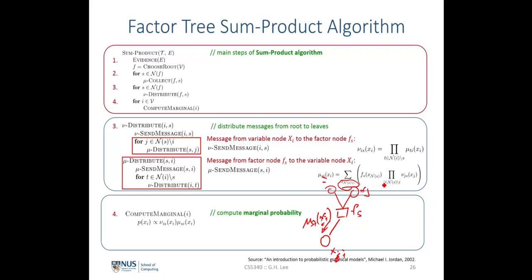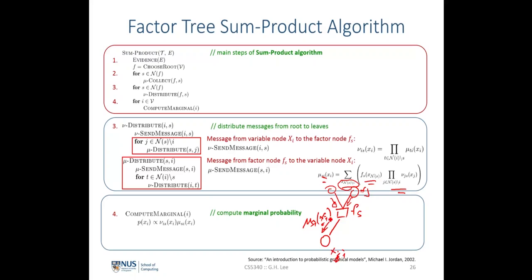In this case over here, it would be the product of all the messages that are coming from the random variable xj into fs from a hierarchy level that is above fs, and the factor fs itself. So all this contains all the other random variables together with the random variable xi.